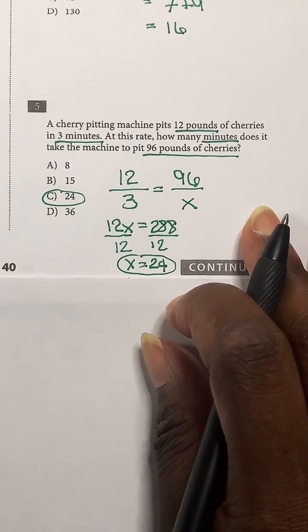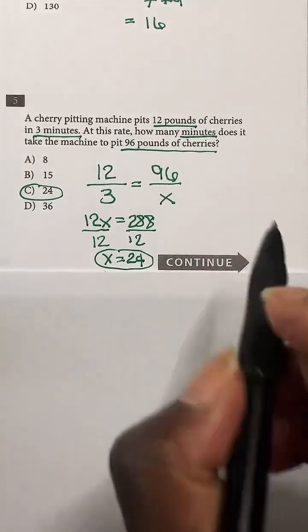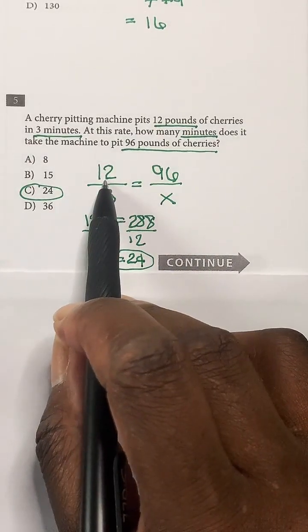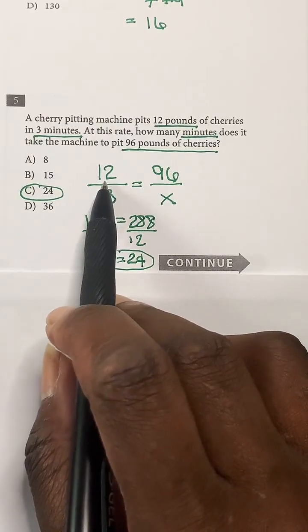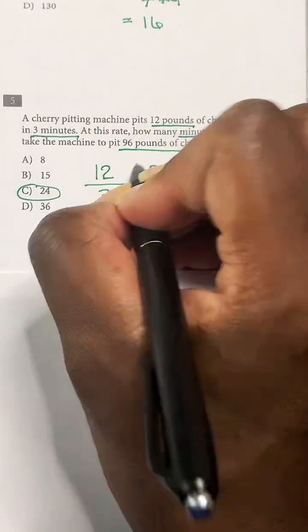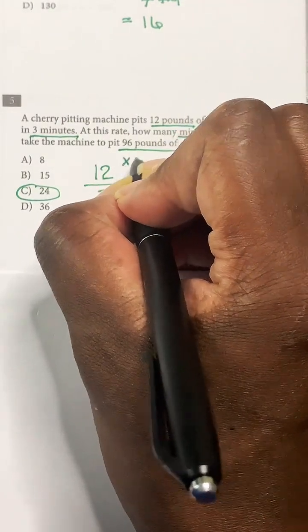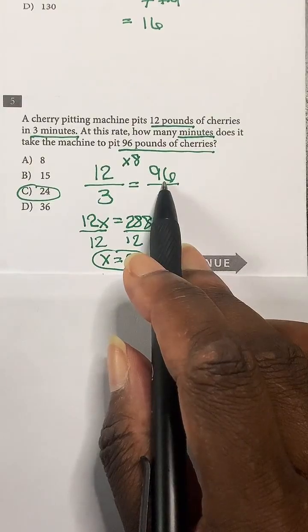Now, another way of doing it is what I was mentioning earlier. How many 12s can go into 96? Well, I know if I multiply 12 times 8, I'm going to get 96.